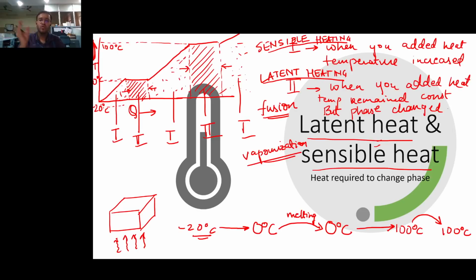All right, so you have got two distinct types of latent heating: latent heating during fusion and latent heating during vaporization. And the amount of heat that you need to add for melting a substance is called latent heat of fusion. All right, and the amount of heat that you need to add to convert it from liquid phase to vapor phase is called latent heat of vaporization.